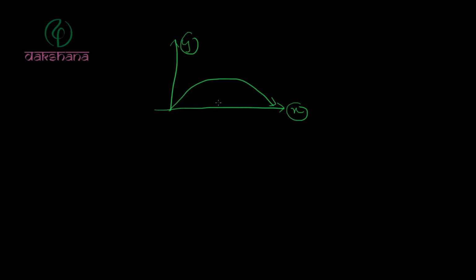So our projectile has two components. One is the horizontal, which we refer to by x, and the other is vertical, which we refer to by y. In the horizontal direction, that is the x direction, there is no force.